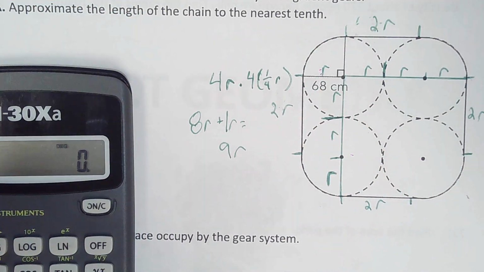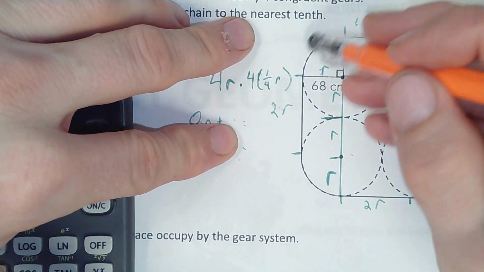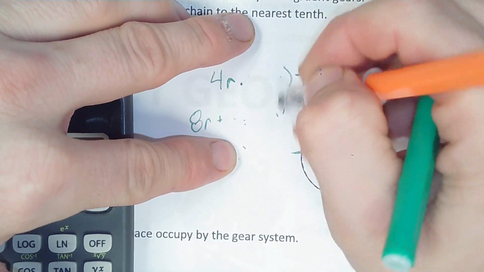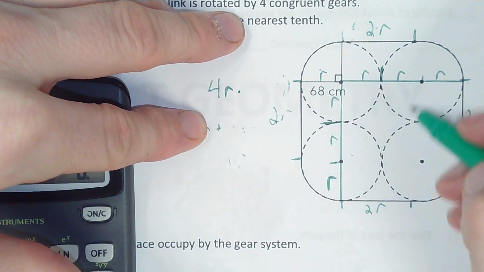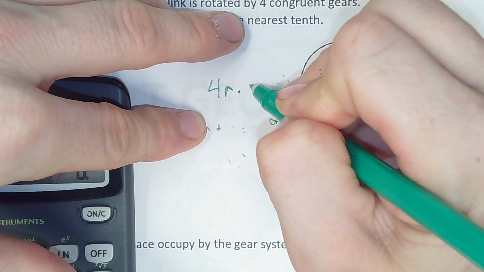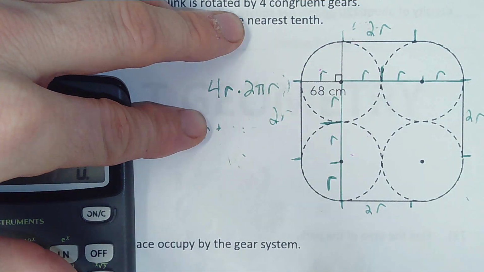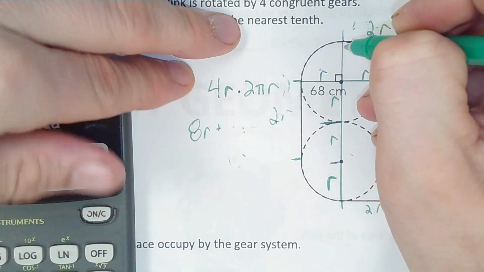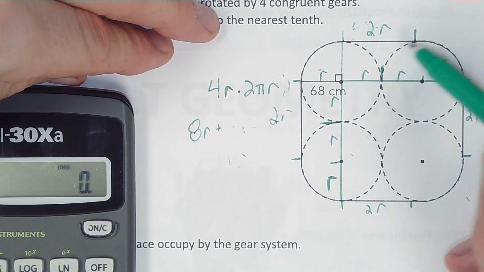Actually, I'm going to step back a little bit. Each one of these circles is going to count for a whole circle, so it's going to account for 2 pi r, because I have 4. That's a whole circumference, because I got 4 to the circumference.